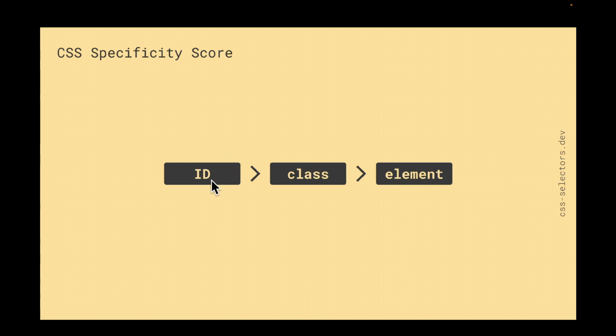The ID has the highest specificity, so it overrides the styles specified by any classes or types on the same HTML element. The class has lower specificity than the ID, but higher specificity than the element, and the element has the lowest specificity. So depending on what kind of selectors we are using, the specificity scores will be affected.